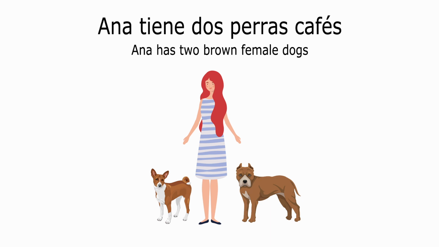The word café, brown, is invariable in gender, meaning it doesn't change to match masculine or feminine, only number. So in the plural form, it becomes cafés. So the full sentence is, Ana tiene dos perras cafés. Anna has two brown female dogs.